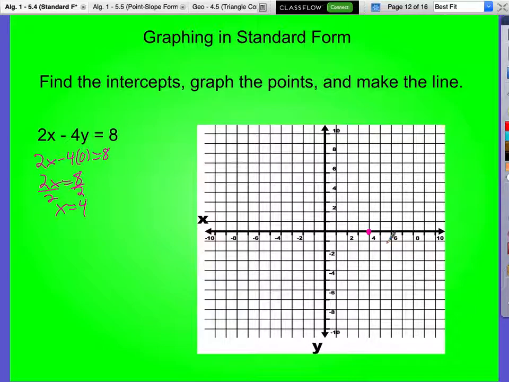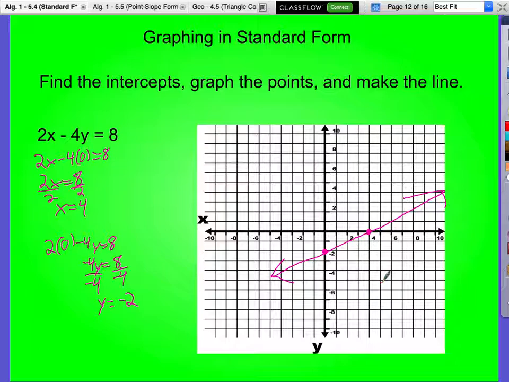Plug in 0 for x. 2 times 0 minus 4y is equal to 8. So negative 4y is equal to 8. Voices off, please. Y is equal to what? Negative 2. How would we graph this y-intercept? Go down to the negative 2 on the y-axis. Okay, and could we graph our line right now? Yeah, you have enough. Okay, see how we can do that?